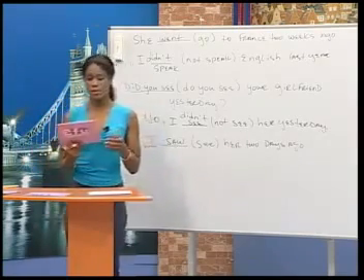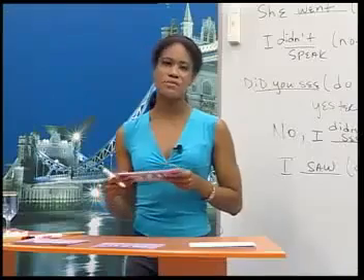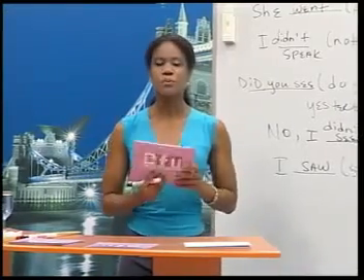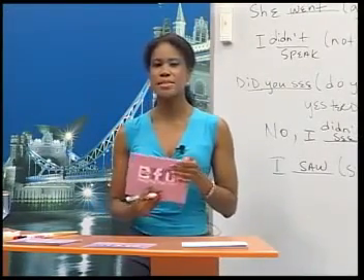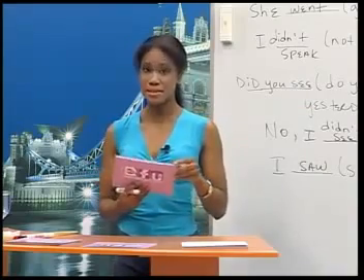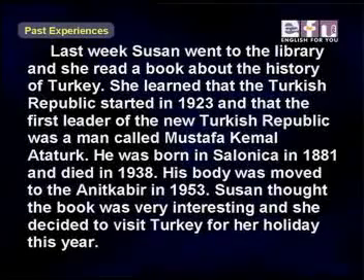Okay, good job, everyone. Now, here is a very short story. Read the story and answer with simple past tense sentences. Okay, take a look at your screen. Last week, Susan went to the library and she read a book about the history of Turkey. She learned that the Turkish Republic started in 1923 and that the first leader of the new Turkish Republic was a man called Mustafa Kemal Atatürk.